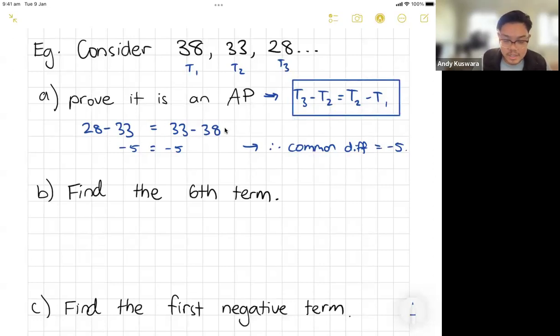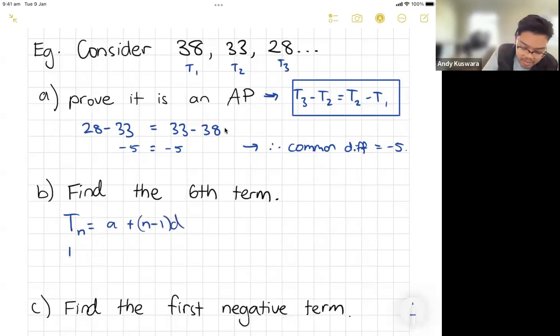Now, to find the 6th term, we remember the formula Tn equals A plus (n minus 1) times D. Finding the 6th term means finding T6. For A, my first term was 38. My n was 6.